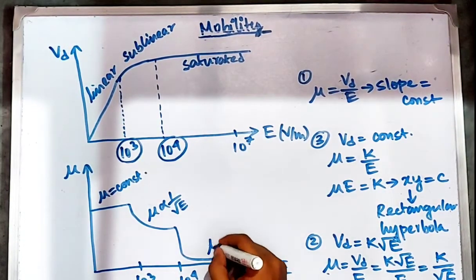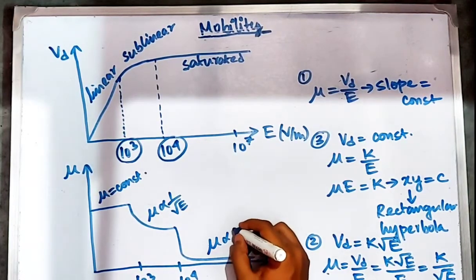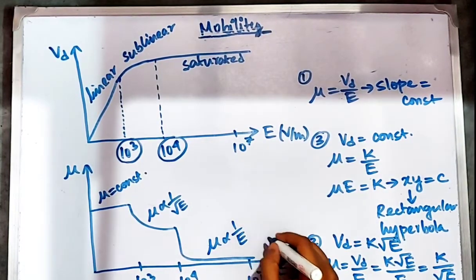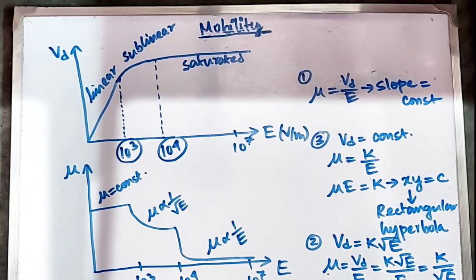So here mu is inversely proportional to E. So this is the mobility versus electric field curve for a semiconductor.